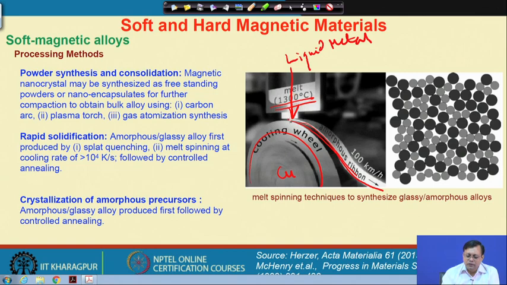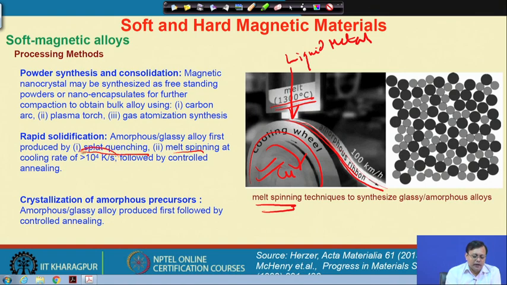So, the liquid comes and solidifies, and the wheel rotates and continuously ribbons are produced. This can be done by splat quenching or melt spinning, and this is a typical melt spinning apparatus that I have shown you.